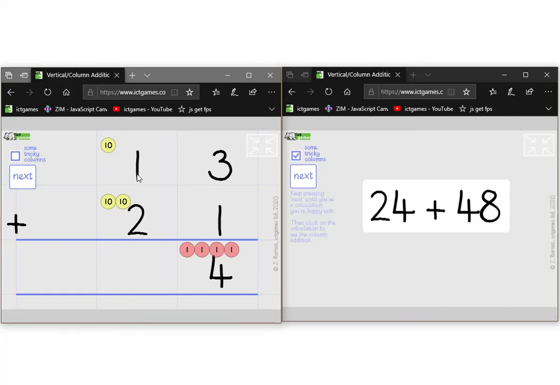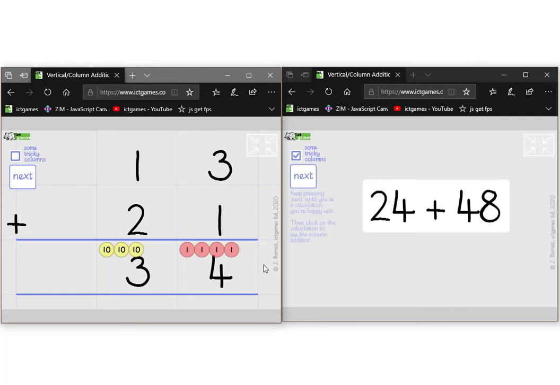What does it mean? What does 1 mean here in this column? Yeah, it means 10, doesn't it? So there's 10 here and 20 here. 10 add 20, that means 30. So that 1 add that 2 means 10 add 20, it's 30. So 13 add 21 equals 34.